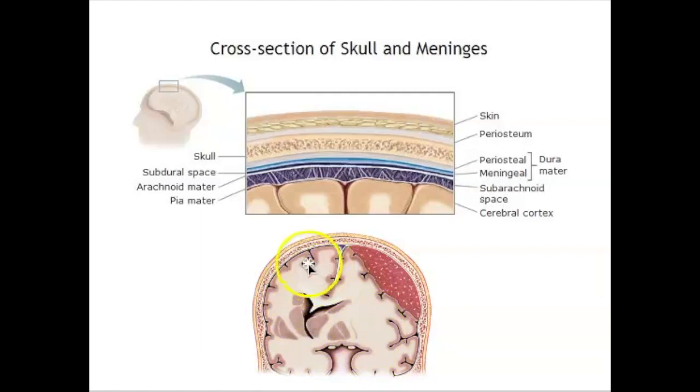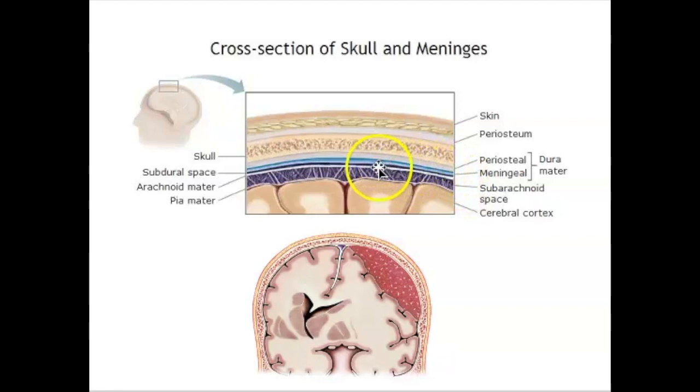We can't clearly see the 2 hemispheres here, and that's because of this. This right here represents a subdural hematoma. So this is a collection of blood in between the meningeal layer of the dura mater, that's the bright blue, and the pia mater.